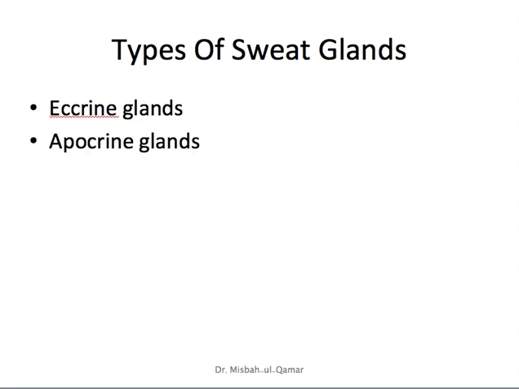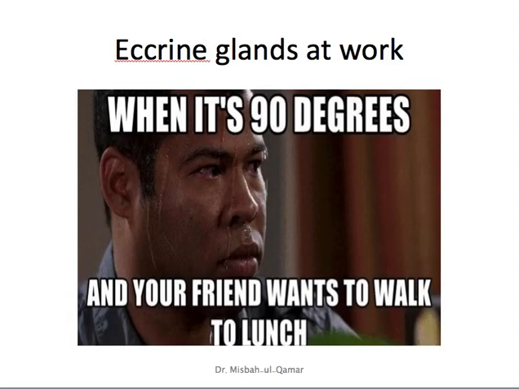So first let's talk about the eccrine glands. These eccrine glands are coiled in deep dermis, and their ducts pass through the dermis to open at the surface through a pore.